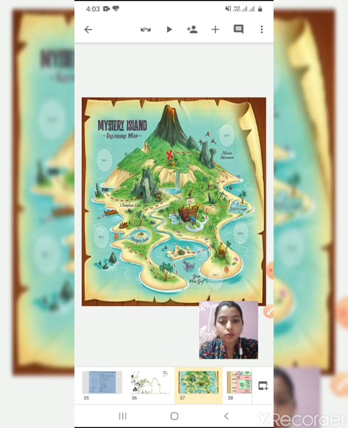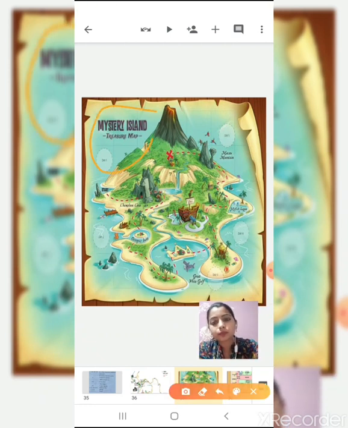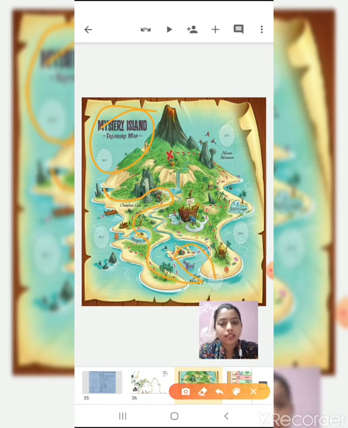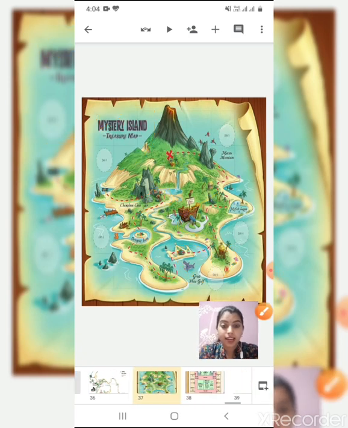What are the obstacles you feel and what is the way? That is also a map. It is written also. Treasure map means you have to start your journey from here. Start is there. Then you have to go there and like this. So that map is also showing the way. Isn't it interesting? Yes, it is.